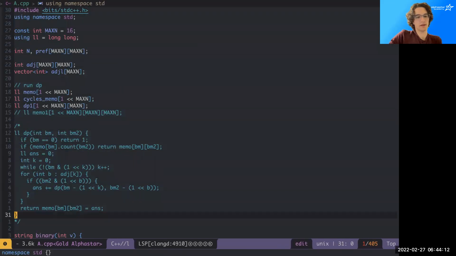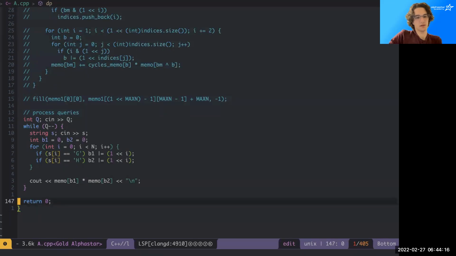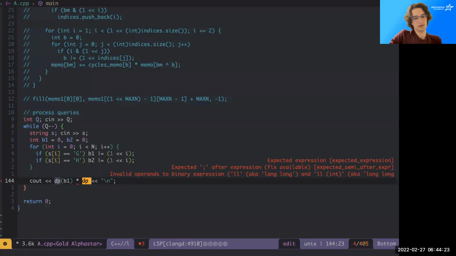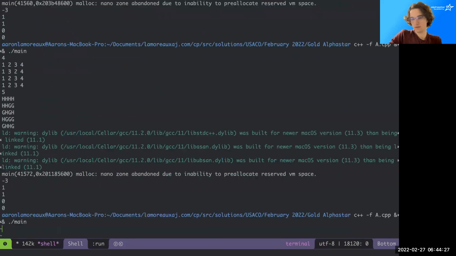Let me go back to the code we had. And see where we know that our original code was correct.